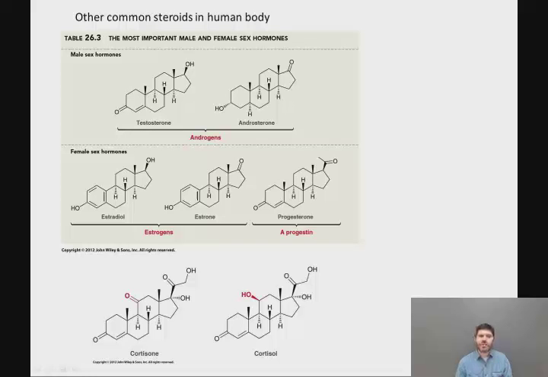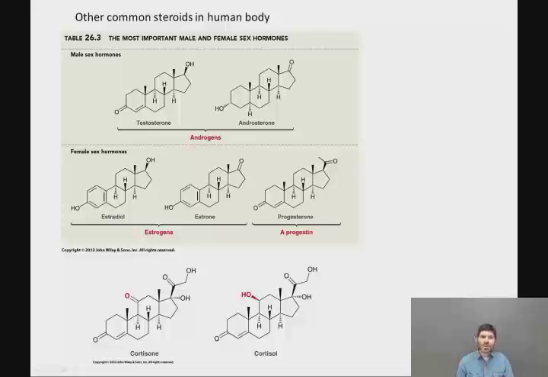So a couple of other steroids that are important in the body are cortisone and cortisol, which are, of course, synthesized in the adrenal glands, and they are responsible for the body's response to stress, what is typically thought of as the fight or flight response, which results in an elevation of blood pressure.